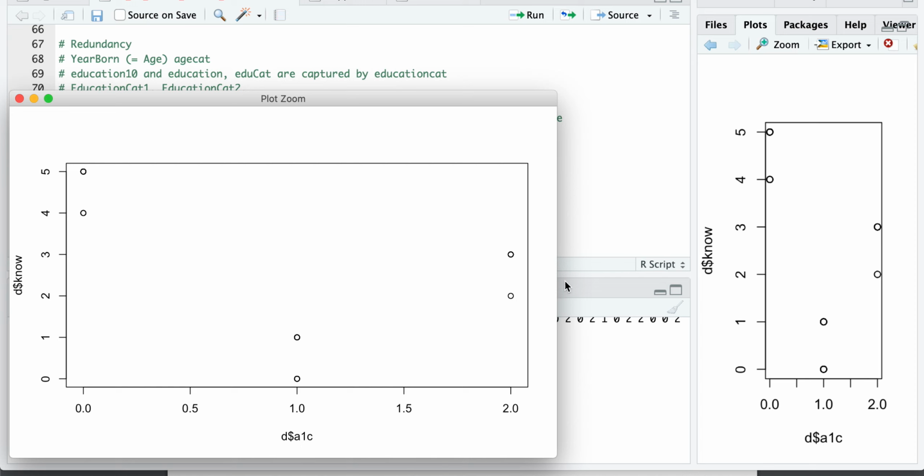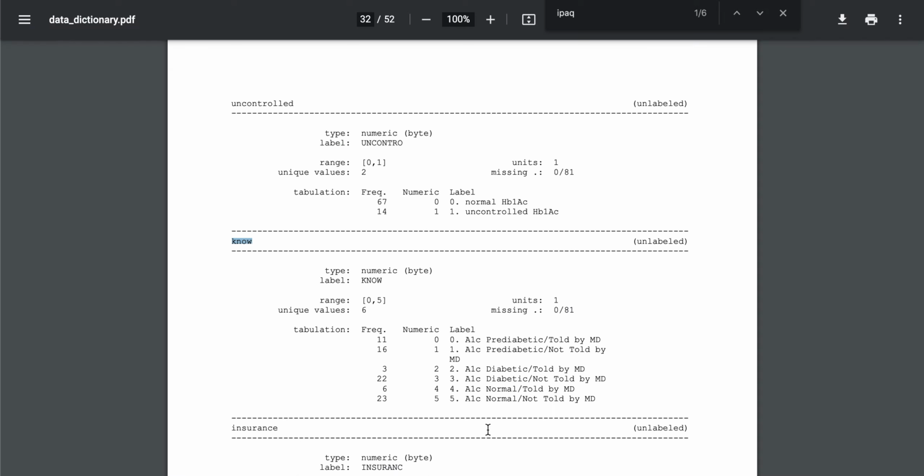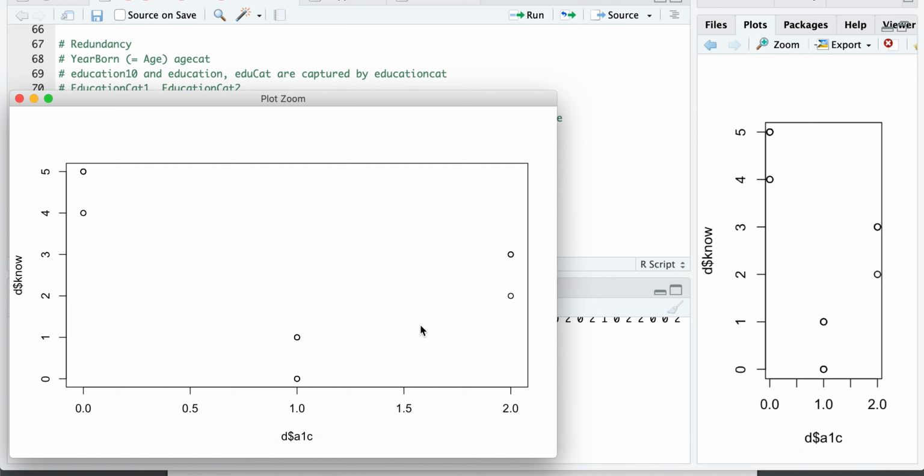Okay, so it is A1C plus, so it's a truncated version of the HB1AC plus this extra information whether they were also told by the doctor whether they have diabetes, I think. This is interesting.